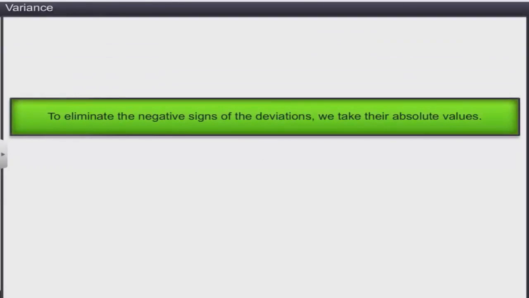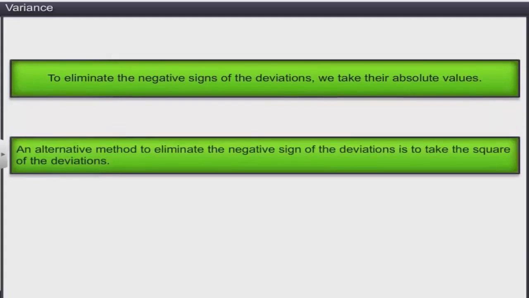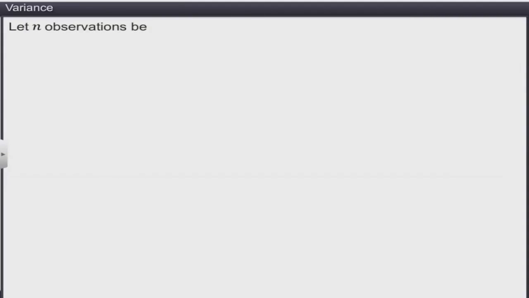We know that, to find the mean deviation of data, we take the absolute values of the deviations from the mean or median to eliminate the negative sign of the deviations. To avoid the difficulty of the negative signs of the deviations, an alternative is to take their squares. Let's consider n observations, x1, x2, x3 and so on, up to xn.